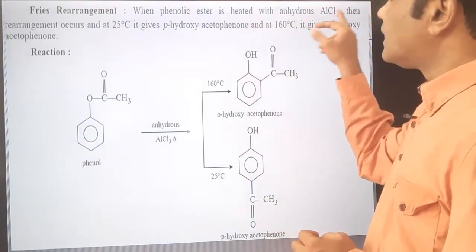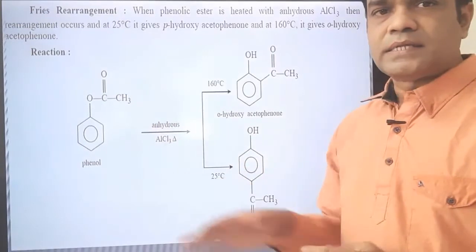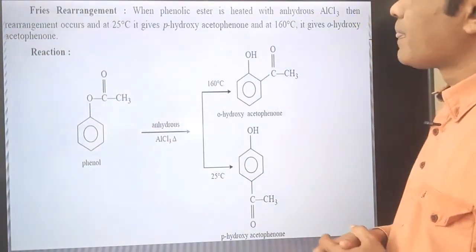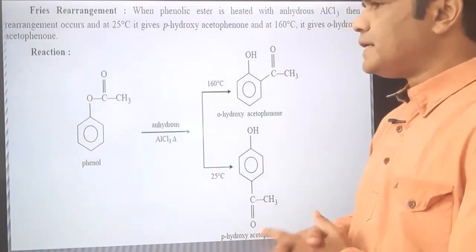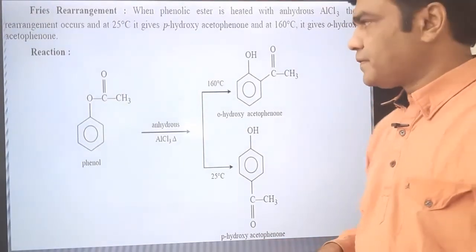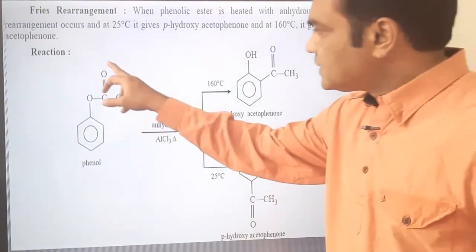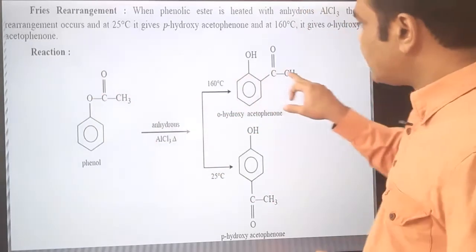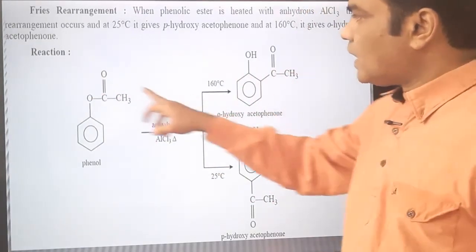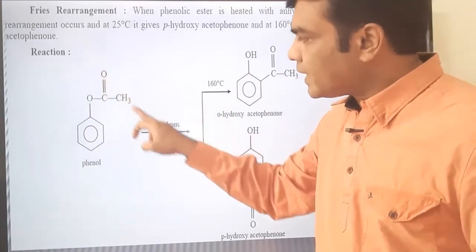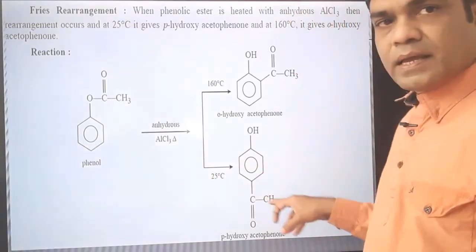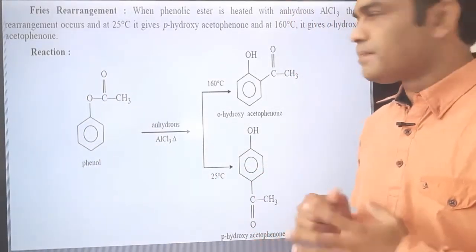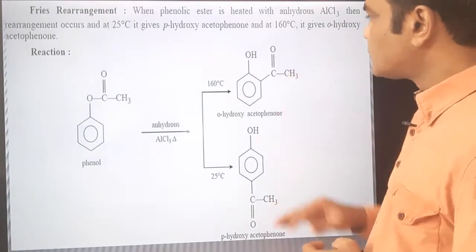When it is heated with anhydrous aluminum trichloride, this Lewis acid catalyst, rearrangement takes place. It is a Fries rearrangement, where this acetyl group is migrated to the ortho position, or this acetyl group may migrate to the para position. Accordingly, we get two products. One is ortho-hydroxyacetophenone.